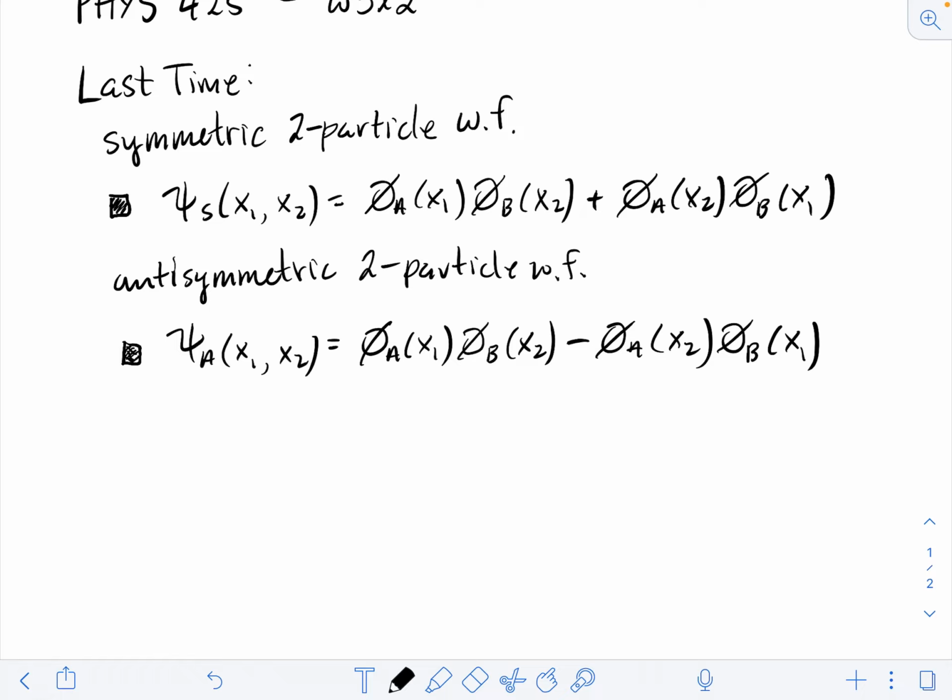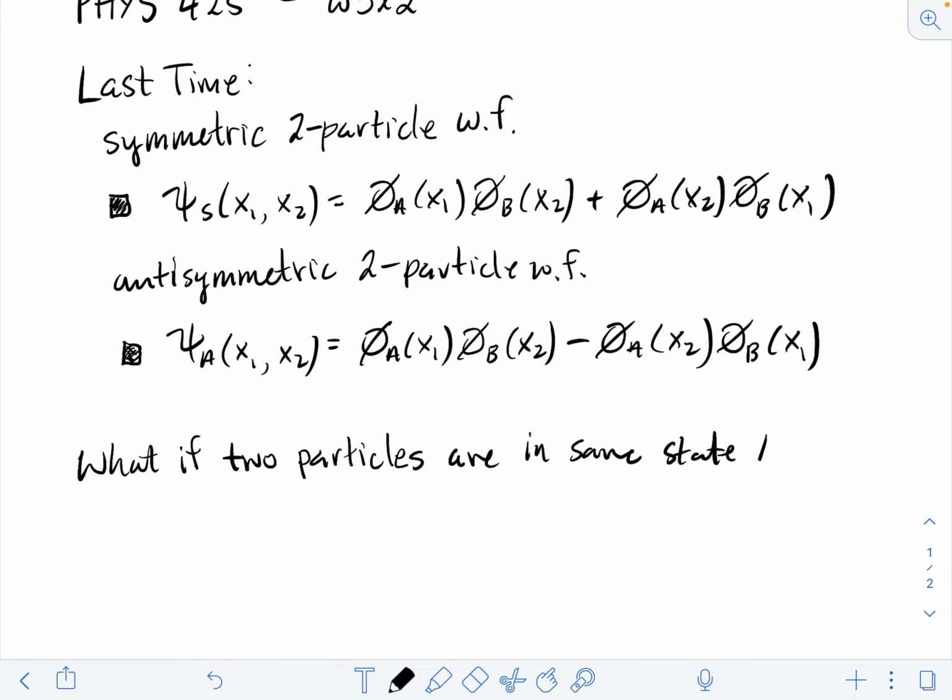Okay. And so what we want to do now is think about what happens if our two particles are in the same state. So the question is, what if the two particles, particle 1 and particle 2, are in the same state, A is equal to B?